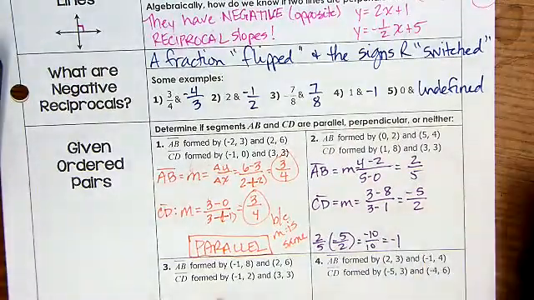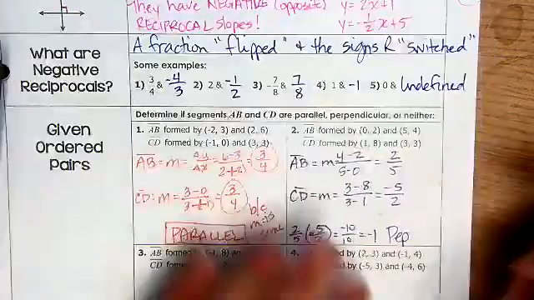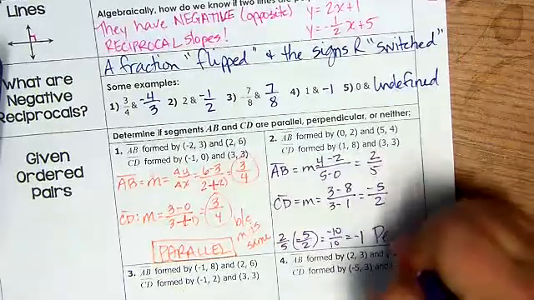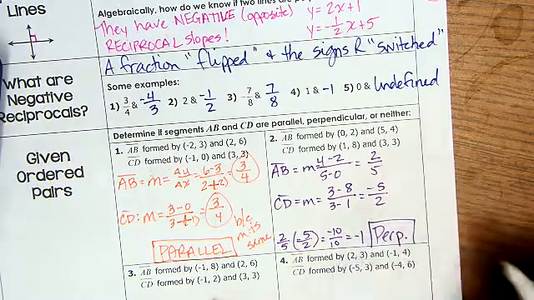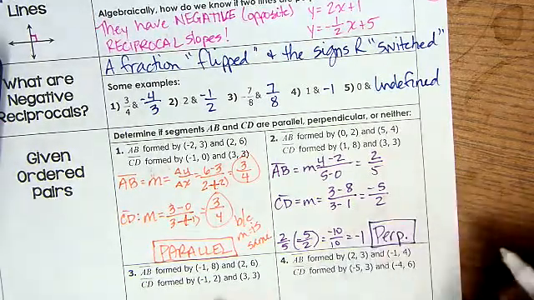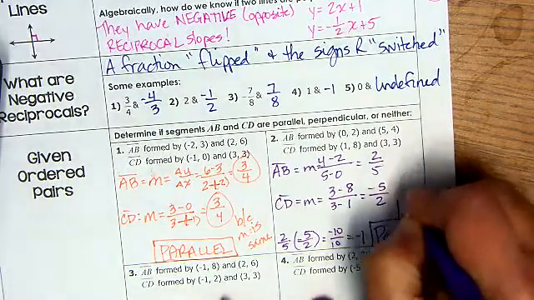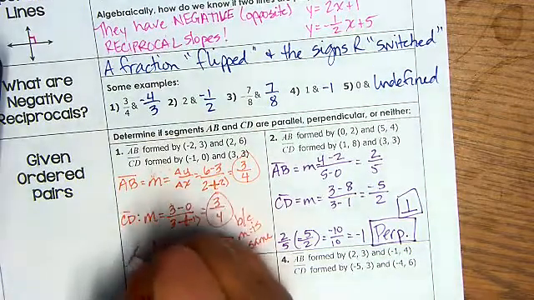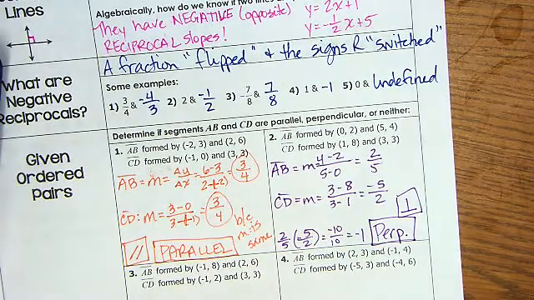So therefore, they're negative reciprocals. So we write perpendicular, if we can spell it correctly. And if you want to abbreviate it with perp, not really the best word, but we can do that. Or you can use the symbol. And for parallel, I'll accept the dashed lines for parallel for the symbol as well.